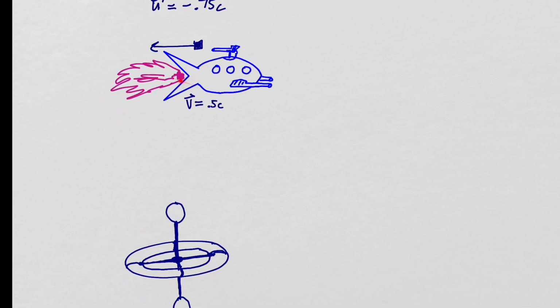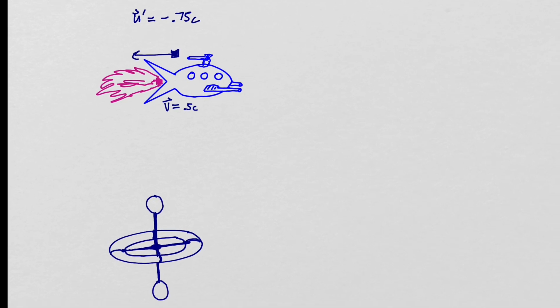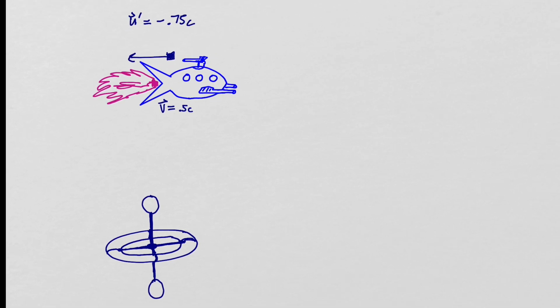Relative to the space station, the spaceship is moving at 0.5 c. So it is a very routine problem of elementary special relativity to say, okay, if the spaceship thinks that this bullet is moving back at 0.75 the speed of light, and the space station thinks the spaceship is moving at 0.5 the speed of light, how fast does the bullet look like it's moving relative to the space station?